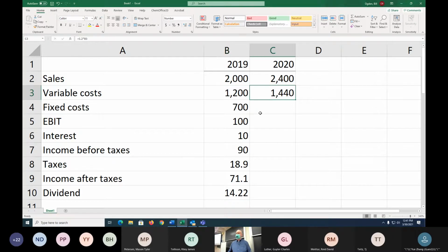Well, they're actually fixed within a certain range. And once you reach full capacity in your operations, then they basically become another variable cost. So what we're going to do, we're going to increase these also by 20%. So you basically just have to pull this down. And then we'll do an EBIT very quickly.